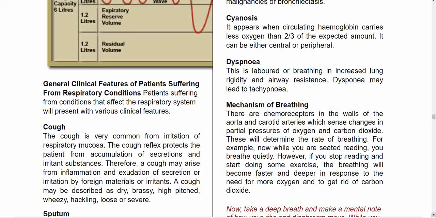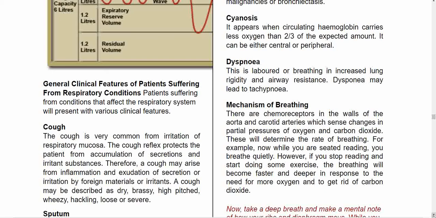Cough is just a typical reflex which helps the patient get rid of mucus which may have accumulated due to a condition, infection or disorder. It's a reflex which helps in clearing the airway, and cough comes as a result of mucus irritating your respiratory mucosa.